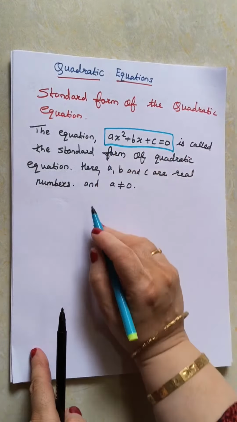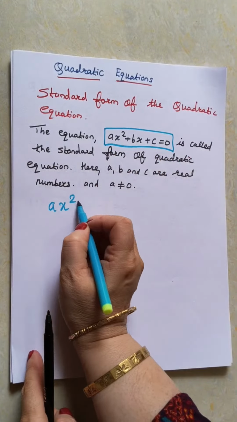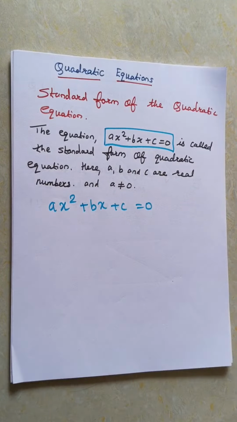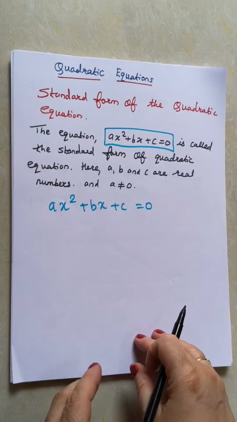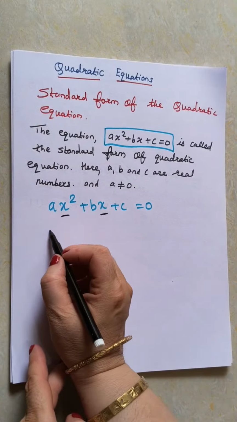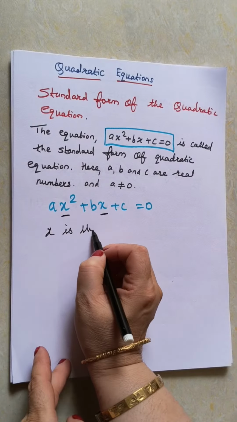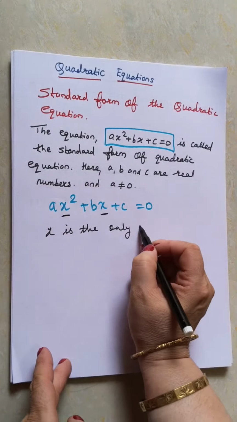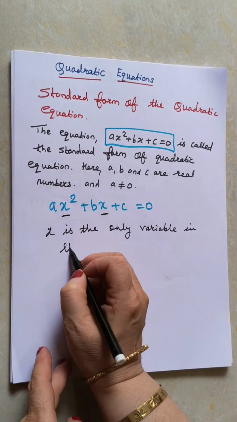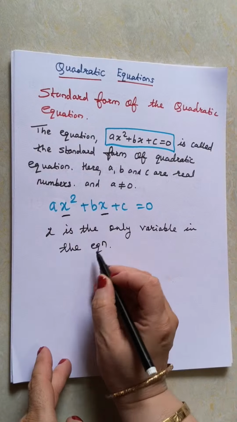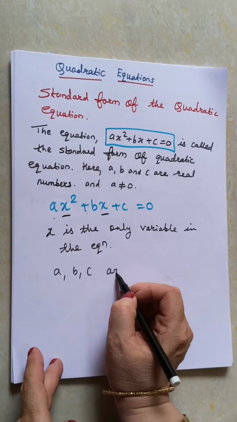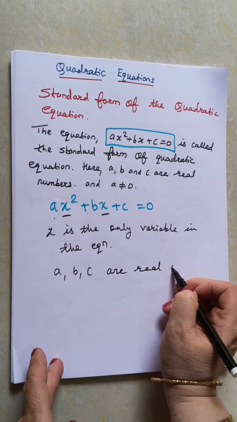So this is the standard form. ax square plus bx plus c is equal to 0. So in a quadratic equation, there is always one variable. You can see here, x is the only variable in the equation. Secondly, this a, b, c are real numbers.